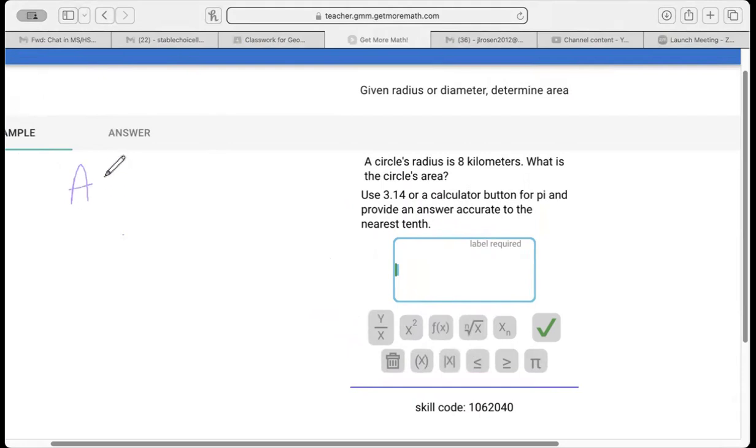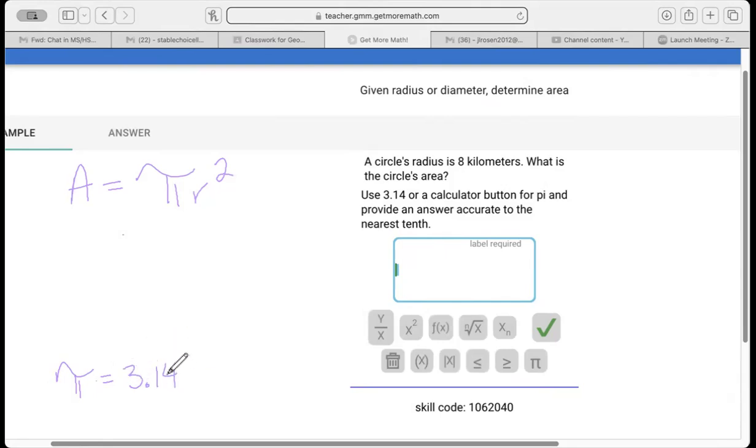So looking at the reference sheet that was sent to you, area equals pi r squared is the area formula for a circle. Okay. Something that you need to make sure that you know is pi is always going to be represented as 3.14. So anytime that you see pi, you can use the pi button on a calculator if you have a scientific calculator, or just type in 3.14.